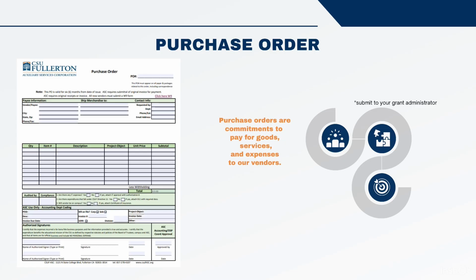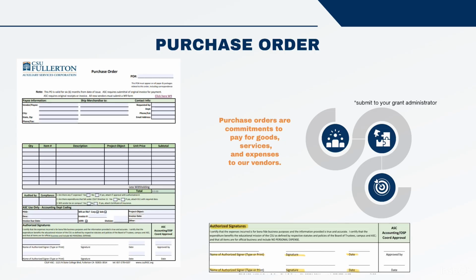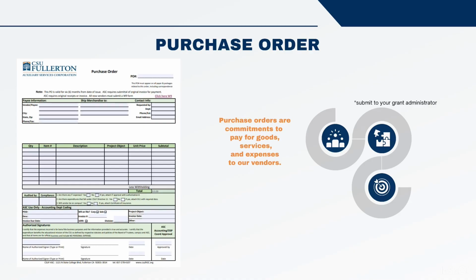And if you're buying food or whatnot, please provide a completed hospitality justification form. You can also get that form on the purchase order checklist. You can click on the link and it'll take you to the CSUF website where you can get that form there. Make sure the purchase order form is signed by an authorized signer and that he or she reviewed, signed, and dated the request. And please submit the completed form to your grant administrator to review.